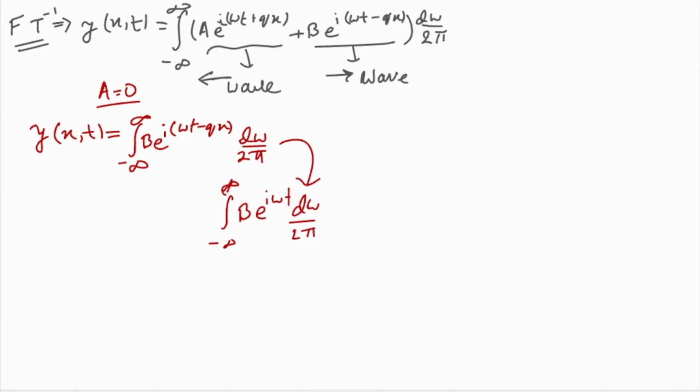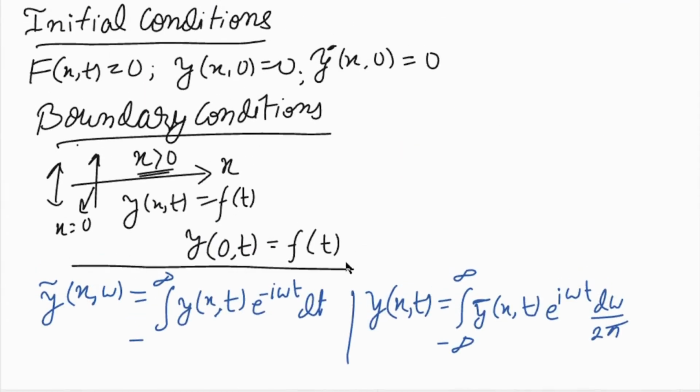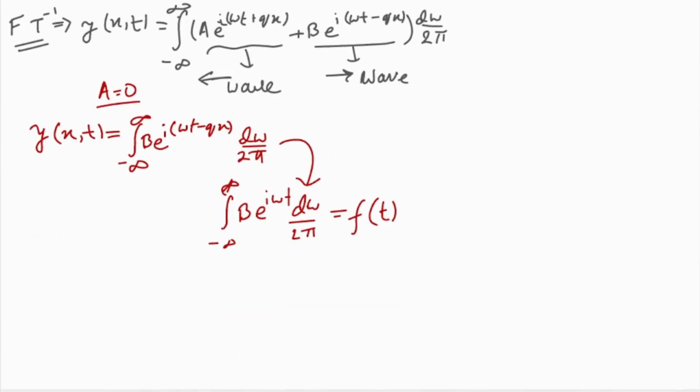But wait, this is exactly equal to f of t. We have defined it earlier. Where? Here. At x equals 0 and at any timestamp t, we have the displacement in y as f of t. This is the oscillatory function, actually.